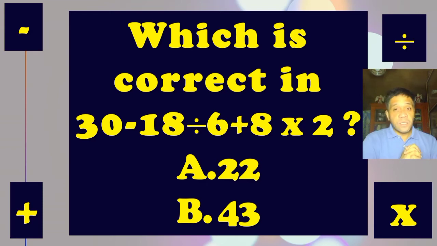A, 22, B, 43. But before we go further on how to choose which of the choices is correct, we have to know the rules in dealing with order of operations. So let's proceed now to the next slide.